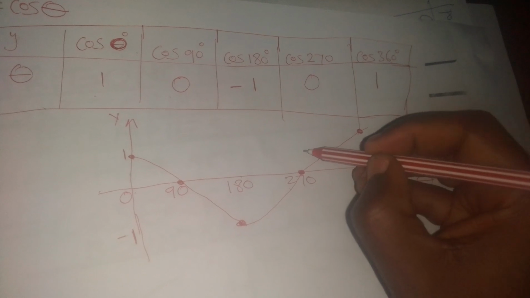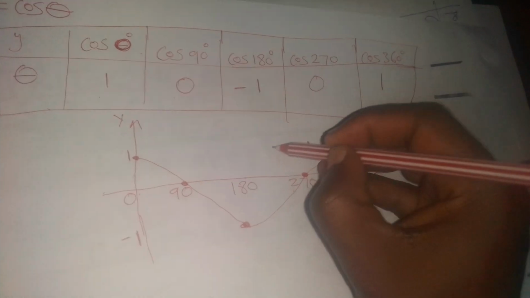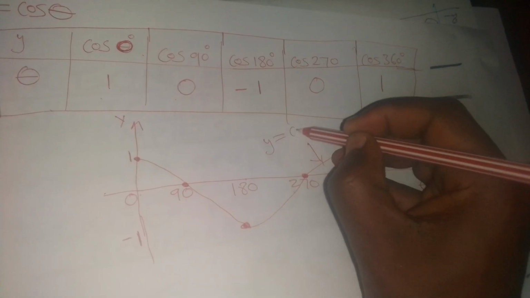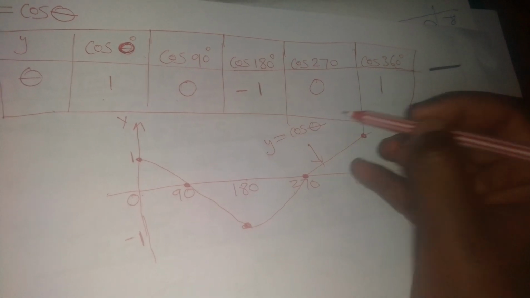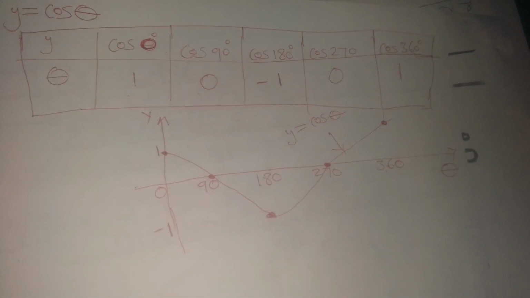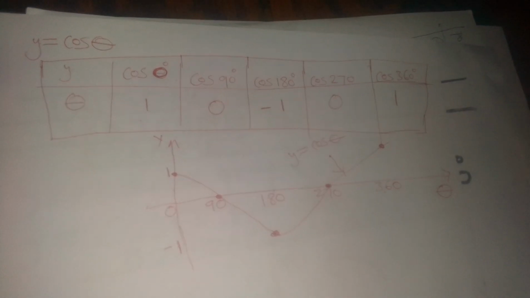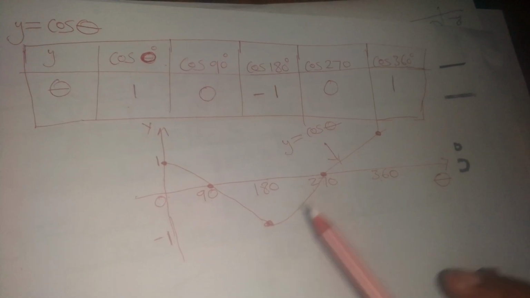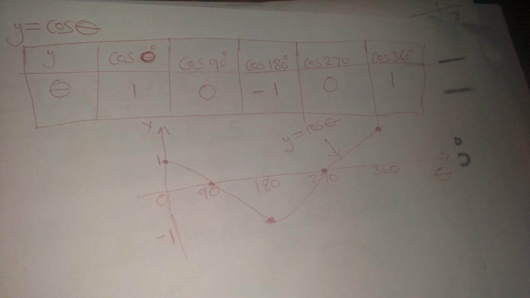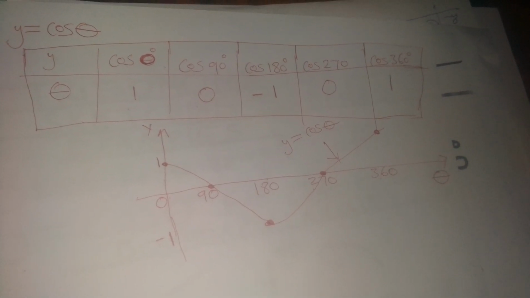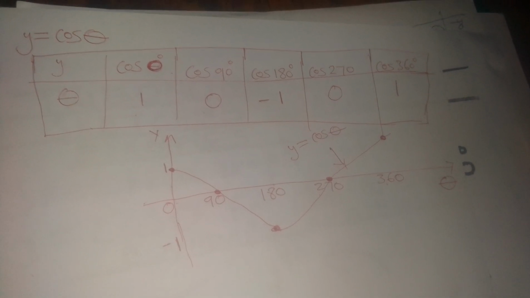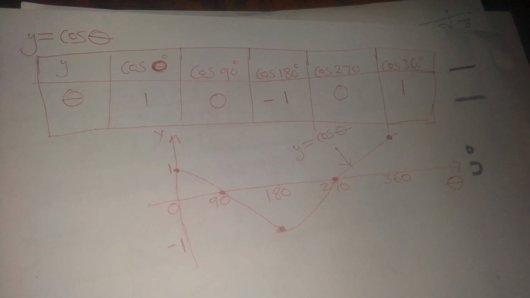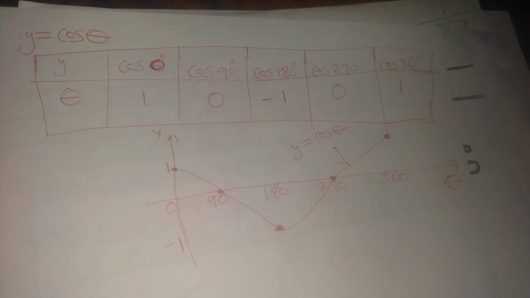And you can label your graph. So this graph is y equals cos theta. This is how we sketch the graph. For this work, there is no need to use graph paper. You just use plain paper, just the way I've shown you. An exercise will be given on y equals sin theta.